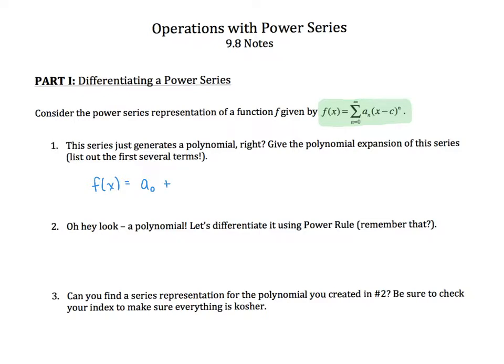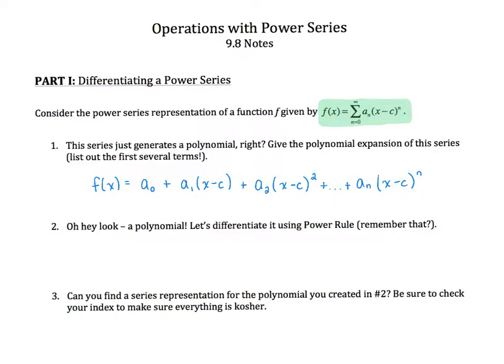Plus, now let n equal 1, a1 times (x minus c) to the 1, plus a2 times (x minus c) squared, and so on and so forth until we get to our nth term.